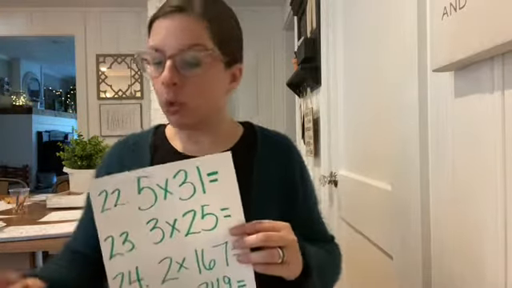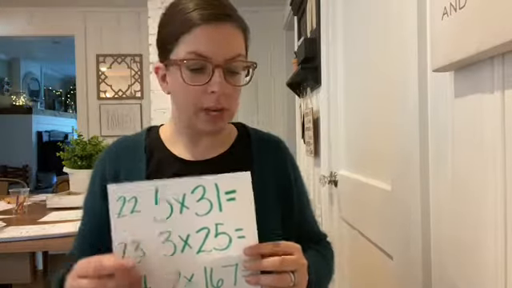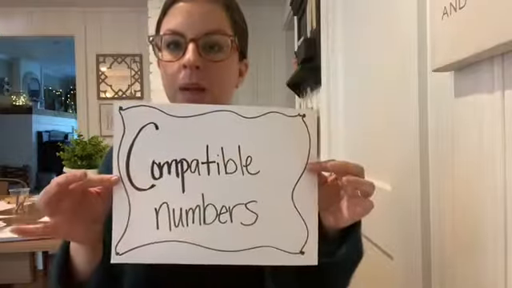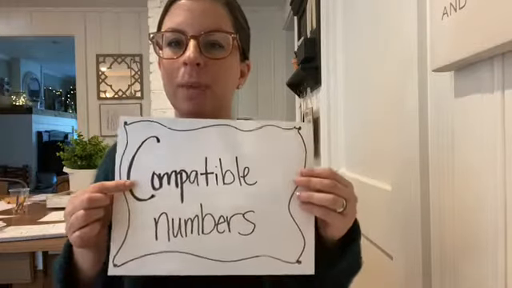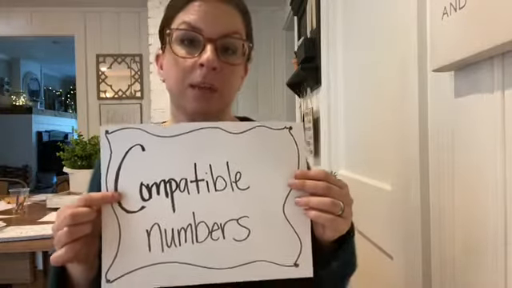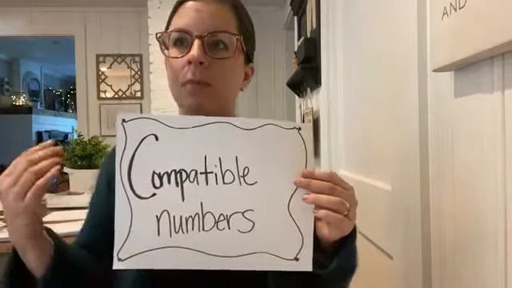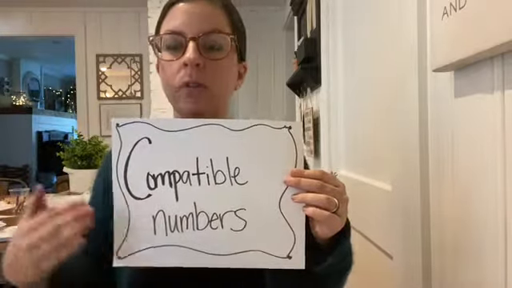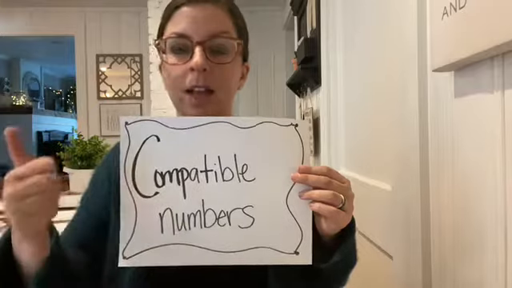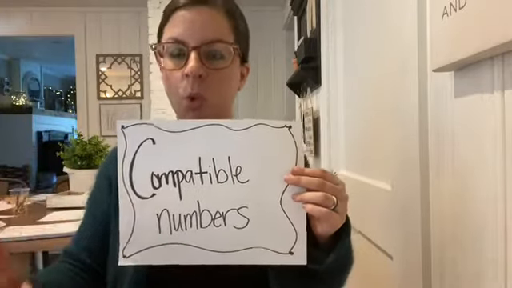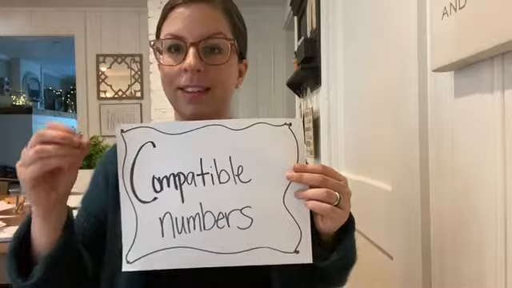When we estimate, we use compatible numbers. Compatible numbers are basically numbers that are easy to multiply, numbers that you are used to, like tens, fives, 25s, hundreds, things like that.